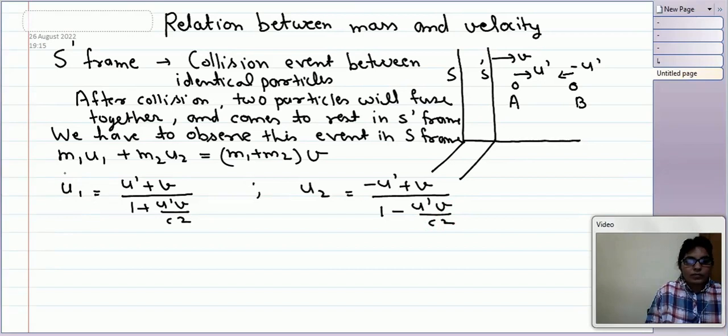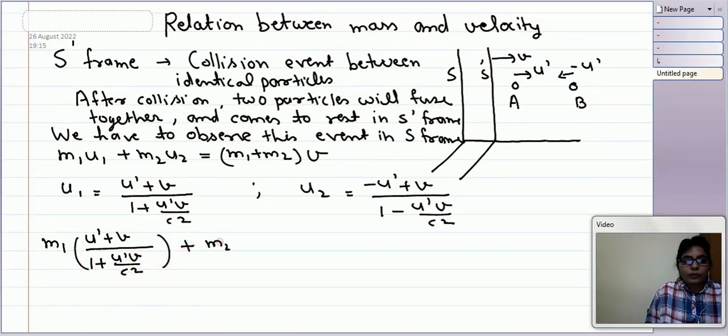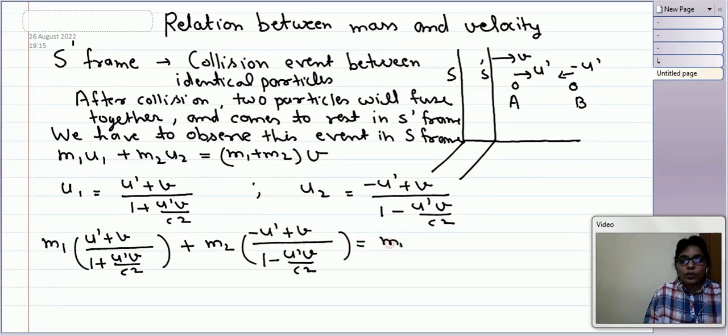Now let us substitute into this equation. It will be m1 times u dash plus v divided by 1 plus u dash v by c square, plus m2 times minus u dash plus v divided by 1 minus u dash v by c square, equal to m1 plus m2 into v.